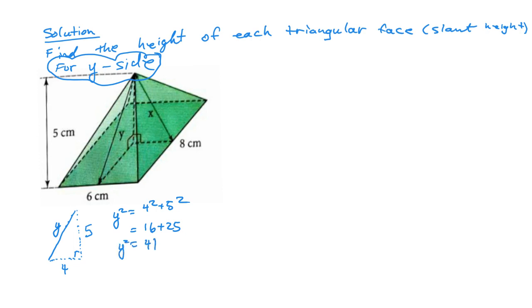So y squared is equal to 41. So y is equal to the square root of 41, which is approximately 6.4. So that's what we get for our y value. Now let's do the same for our x calculation.